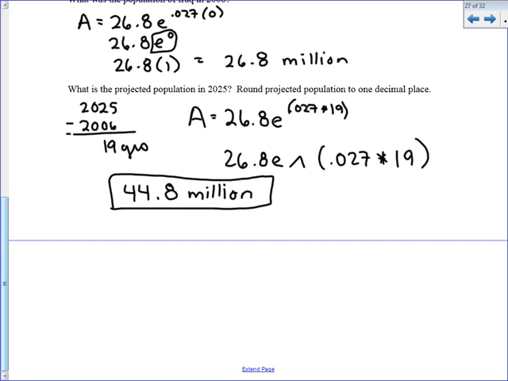Was everybody able to get the 44.8? Anybody else unable to get the 44.8 million?